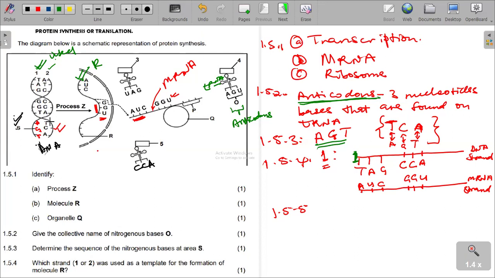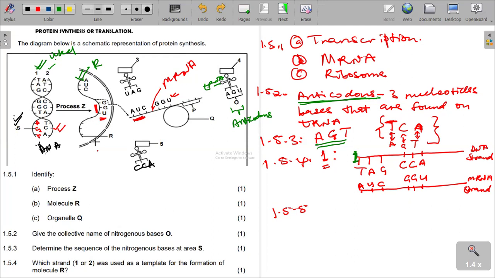We are going to use strand 1, which is the one I've marked. We are given strand 1, which has AGT.